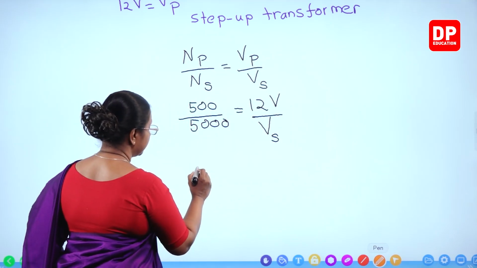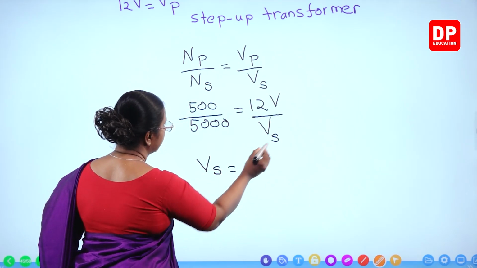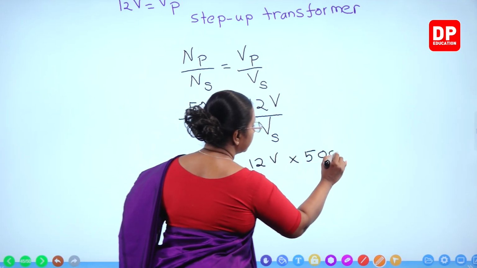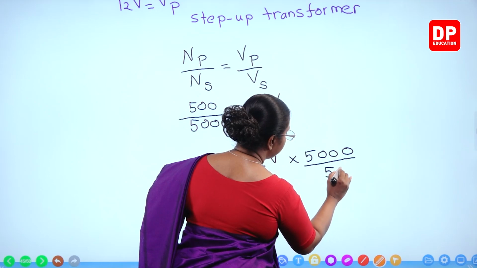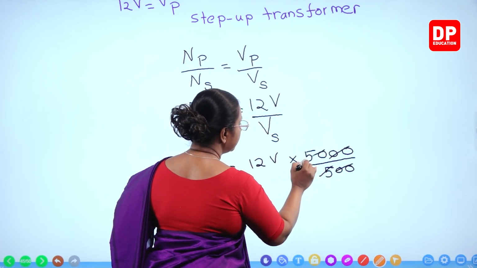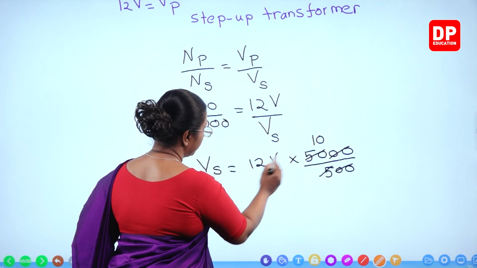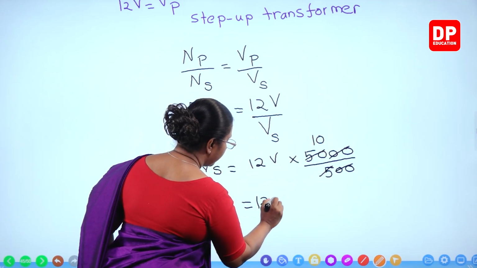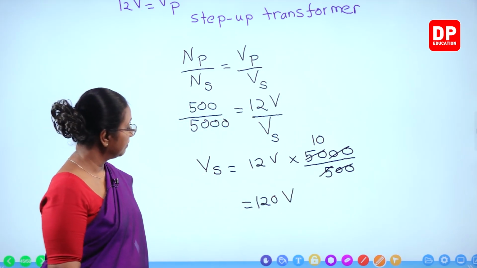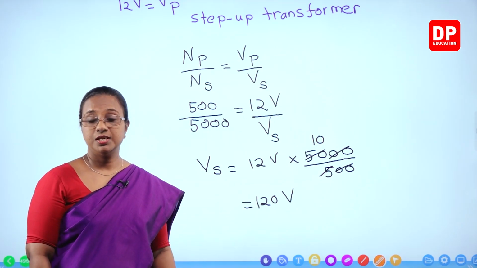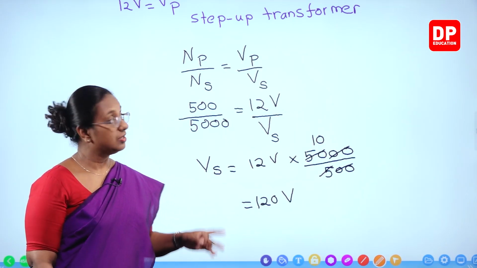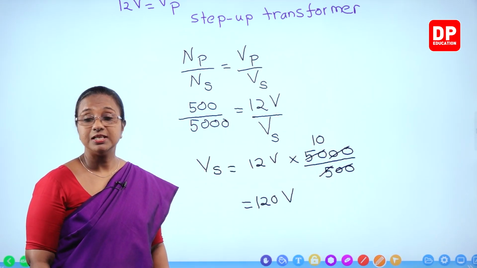If you rearrange the equation, you will get Vs equals 12 volts into 5000 divided by 500. When you cancel off, this becomes 10 times more. So 12 into 10, 120 volts. So the output voltage will be 120 volts. Step up transformer. Is that clear, student? Then I'll move on to the next question.